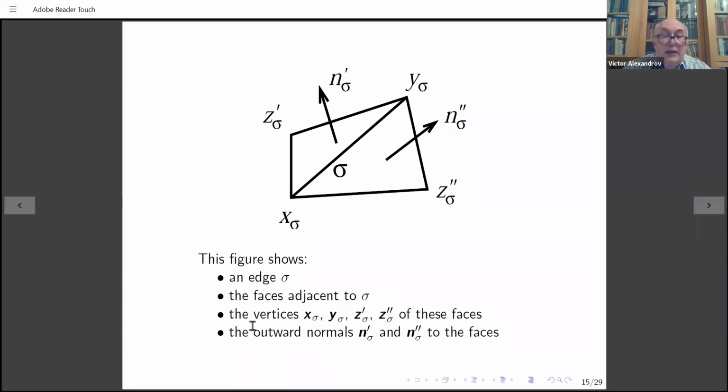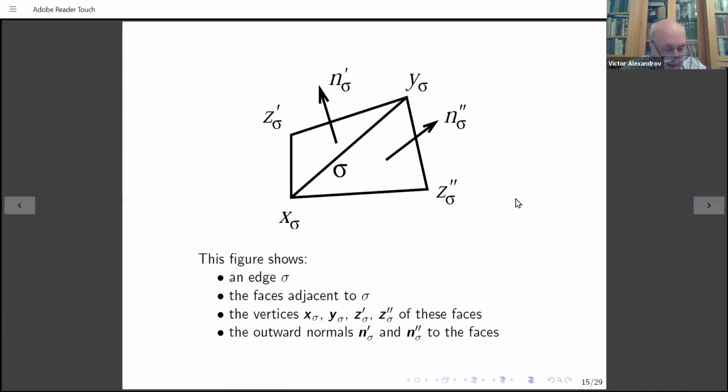This figure shows also the vertices x sigma, y sigma, z prime sigma, and z2 prime sigma. These are vertices of these two faces. And it shows also the outward normals, n prime sigma and n2 prime sigma, to these faces.